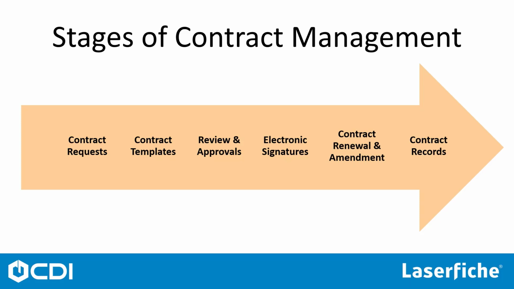From there, once we've got the contract finalized, we can send it out for electronic signatures, and then we can bring it back into the system, renew, and set up renewal processes that are all automated within Laserfiche. And then if you have to abide by records management and records retention schedules, we can incorporate that in as well.